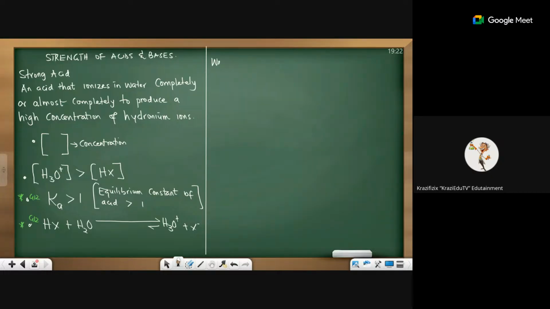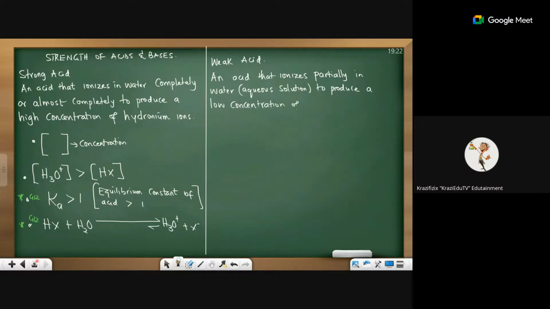What is a weak acid? An acid that ionizes partially, that's the key word, in water or aqueous solution, to produce a low concentration of hydronium ions.